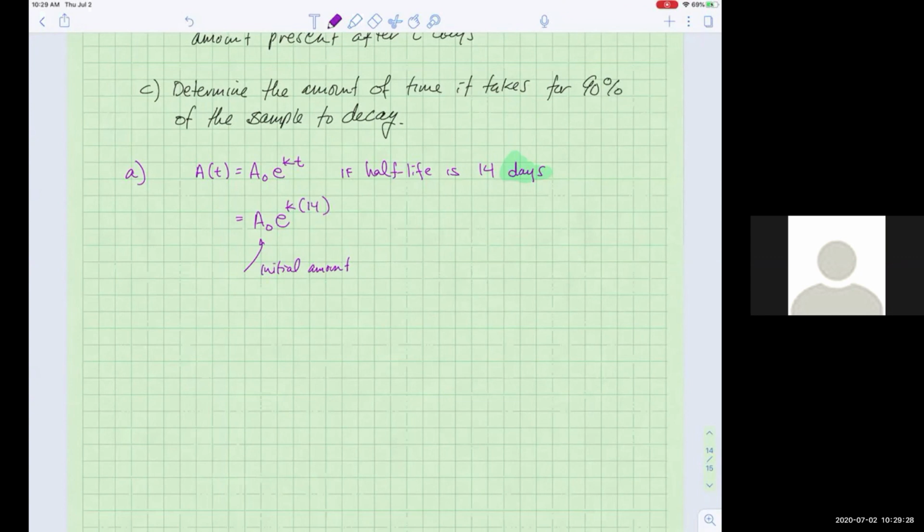That means in 14 days, whatever we started with, we'll be left with exactly half of what we started with. So half of initial. And this is the time for the half-life.